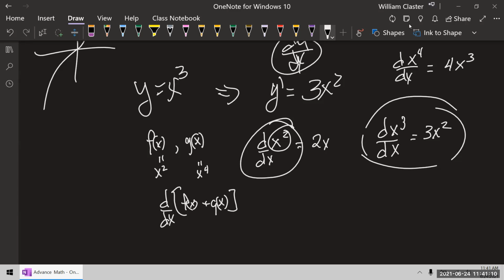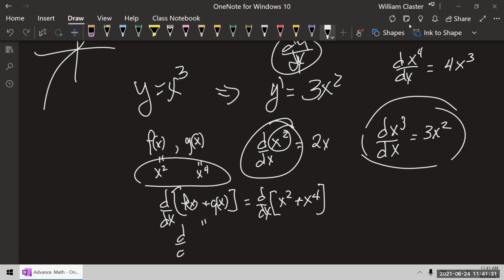So for this case, I want to know the derivative of the sum of them, x squared plus x to the fourth. I don't know how to do that, but there's a rule that says that you can do this. The derivative of a sum is the derivative of the first one plus the derivative of the second one.